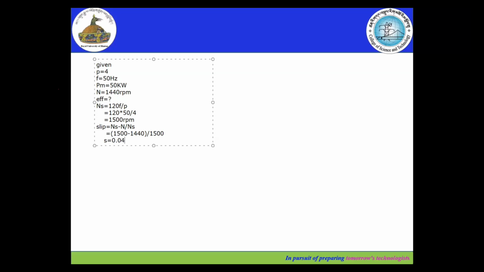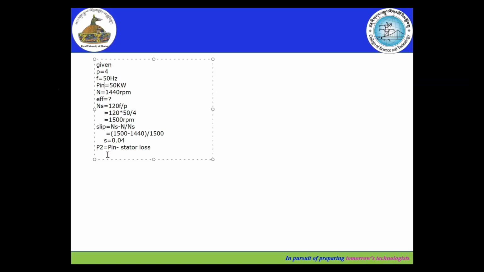After getting slip, what we have to find is P2, the rotor input. P2 is equal to input power minus stator loss. So P2 is equal to P in minus stator loss. How much is the input power? Sorry, this one is not PM, this is PE.